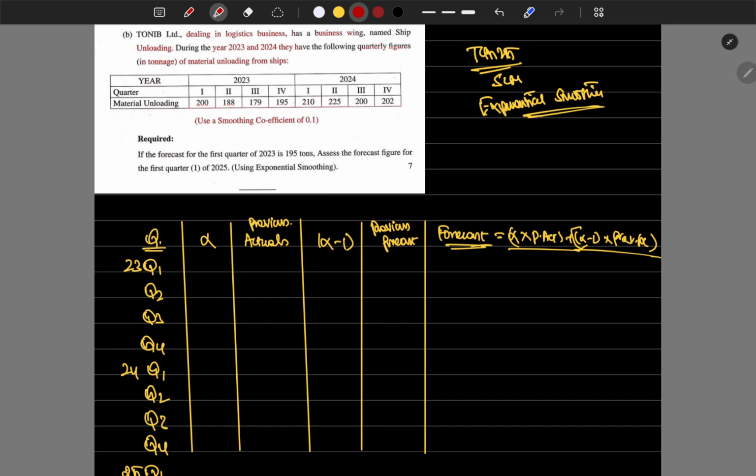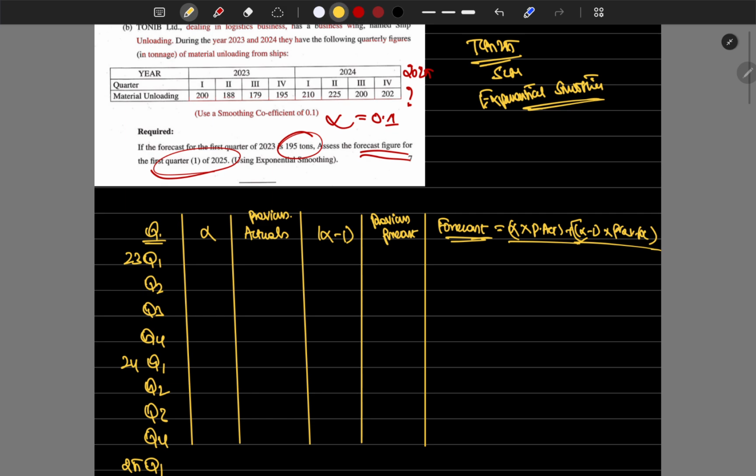The smoothing coefficient, the trust factor alpha, is equal to 0.1. The forecast for the first quarter is given, and we have to find the forecast for the first quarter of 2025. Alpha is 0.1, which is standard.